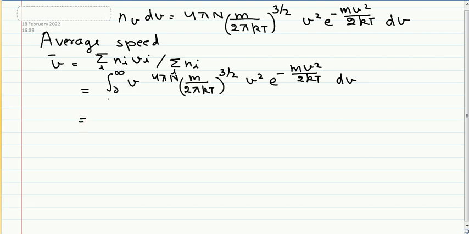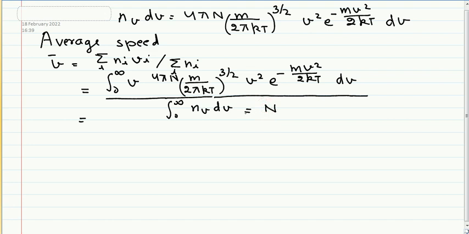And then this whole divided by the integration within the limit 0 to infinity of n_v dv. So this integration will give the total number of molecules, capital N, and this capital N will get cancelled with this capital N, and therefore now we can take all these constants outside the integration.